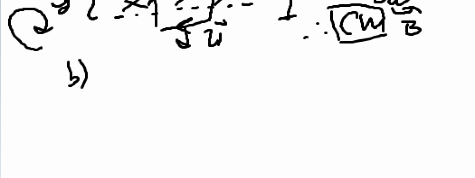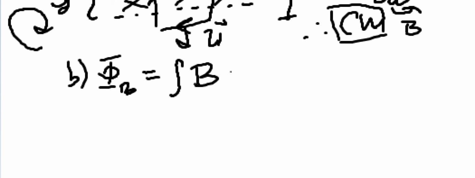I'm going to start with this equation, which I don't remember what the law is called, but it's just the integral of B dot dA. So this is the magnetic flux.